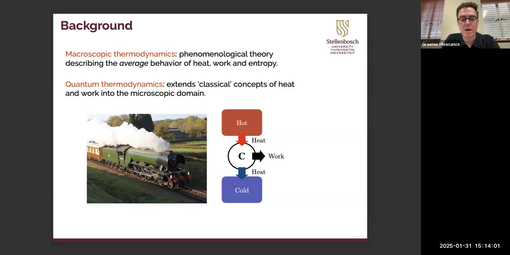In this diagram I have a basic example of a heat engine that obeys the laws of classical thermodynamics. A traditional example is a steam engine.